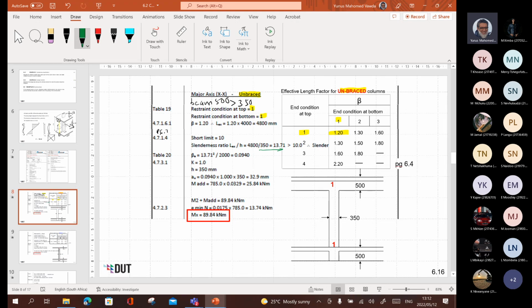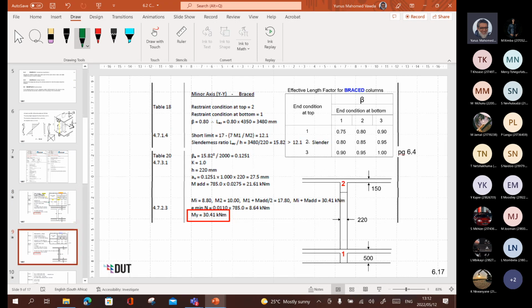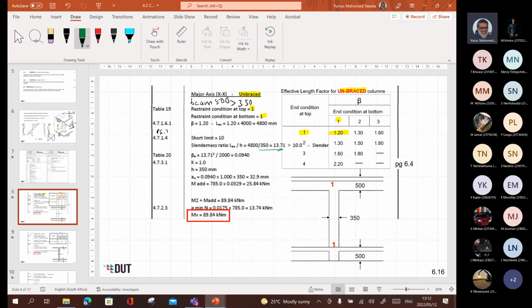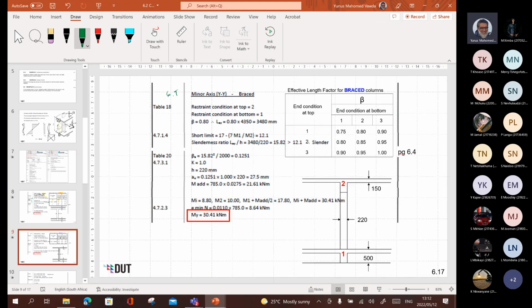Then you jump onto the next one. You want the minor axis, YY. It is braced. So this is now page 6.9 in the book. We're skipping the additional moments, etc., and jumping into minor axis braced. Restraint condition at the top is 2. Why?